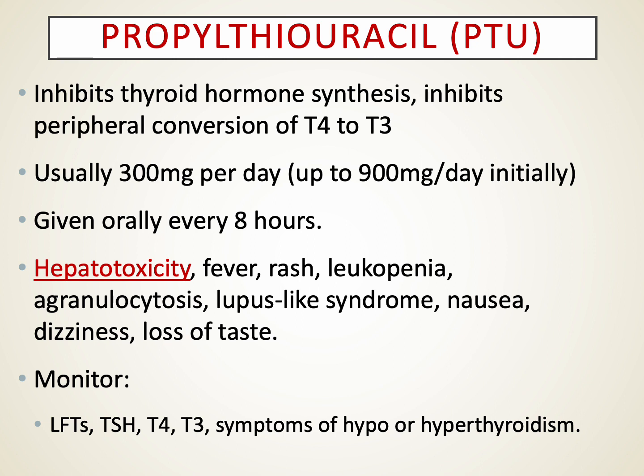The risk with it is that, among other things, it's hepatotoxic, and because of that, we're a little more concerned with its use these days, and it really becomes the second-line therapy. We do monitor ongoing patients, though: their liver function tests, certainly because of hepatotoxicity, but also the TSH, T3, and T4. And you want to try to get those in a normal range while the patient is becoming less symptomatic or asymptomatic.